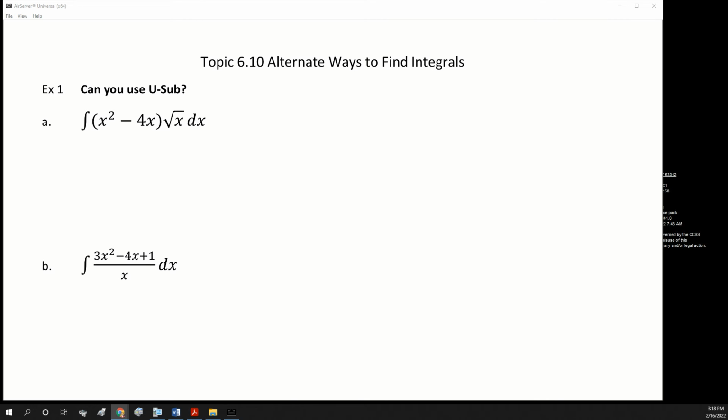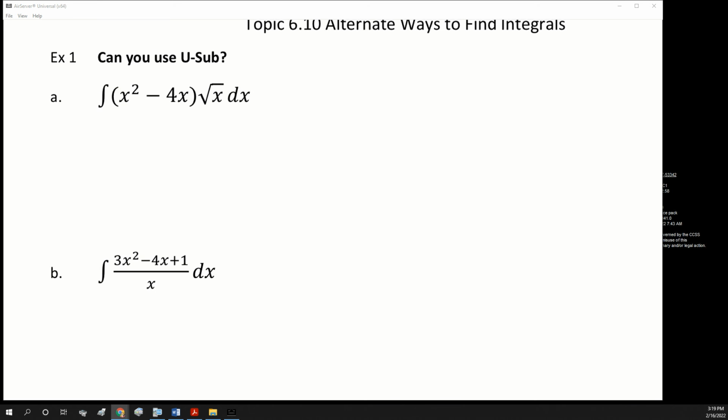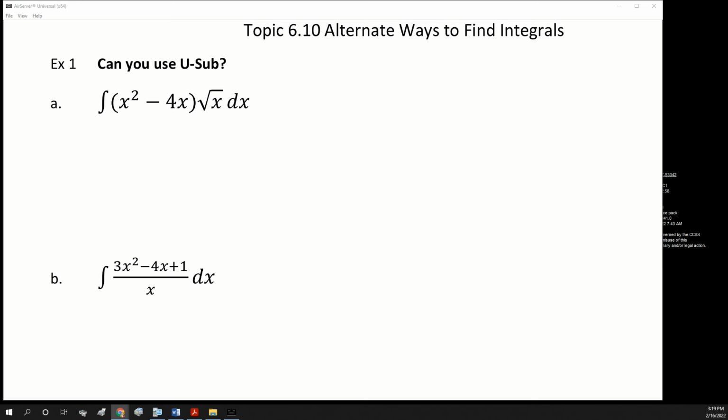This lesson, we're going to just look at some examples of integrals and decide if you can use U substitution. So if we're looking at this first one, you might think, okay, so the inside function is this one.